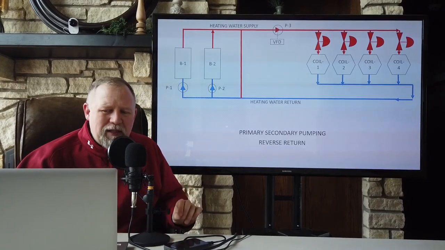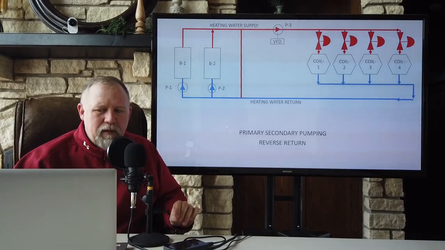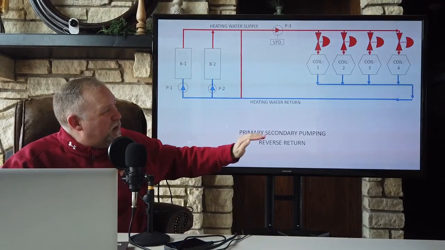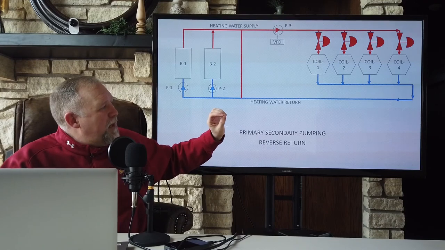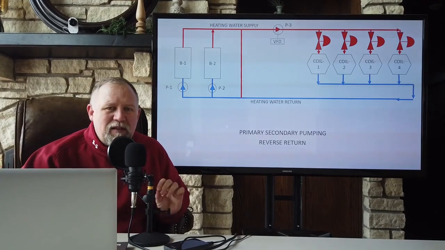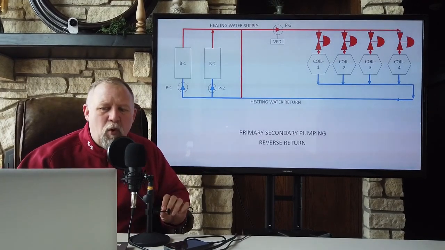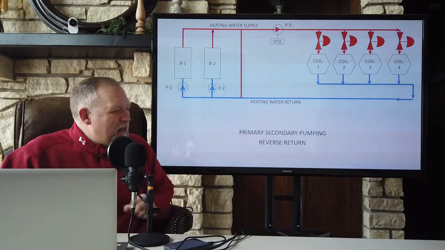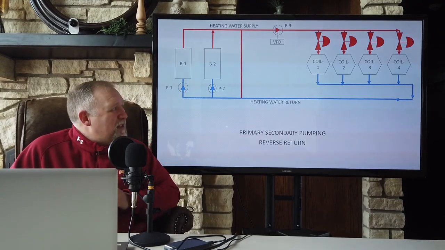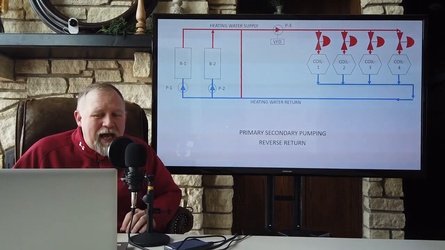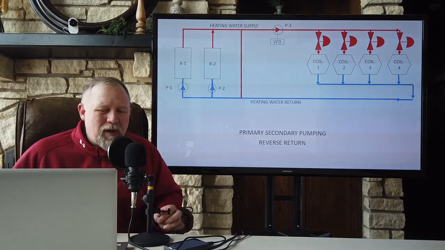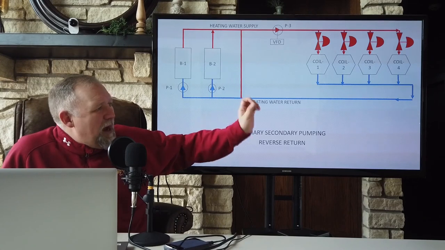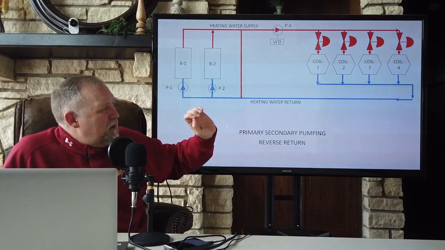And hydraulically speaking, the total distance out and back for each of these coils in pipe should be approximately the same. This is called a self-balancing system or a naturally balanced system. It's not exact. Obviously, you're not going to have exactly the same pressure loss in every loop, but it's a lot closer than the direct return system. This is a lot easier to balance and a lot easier to operate evenly between coils.